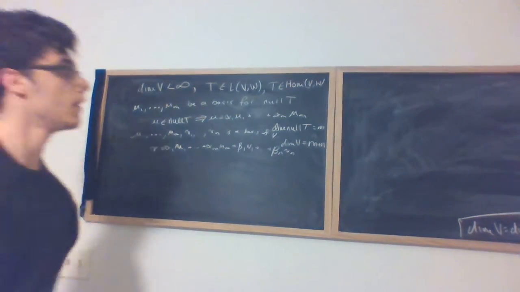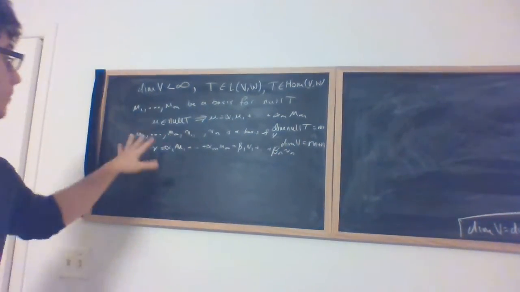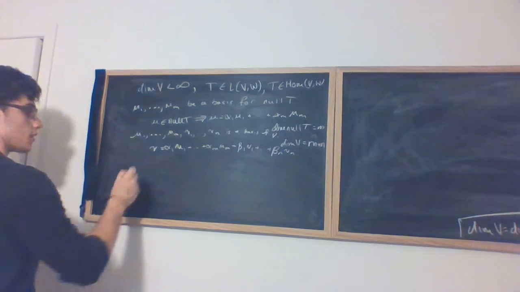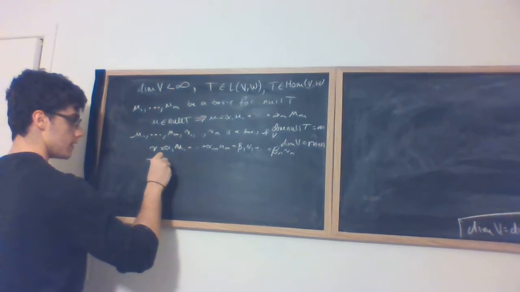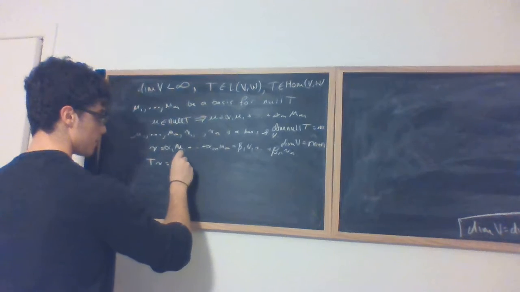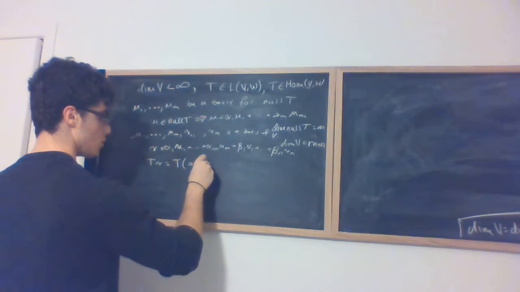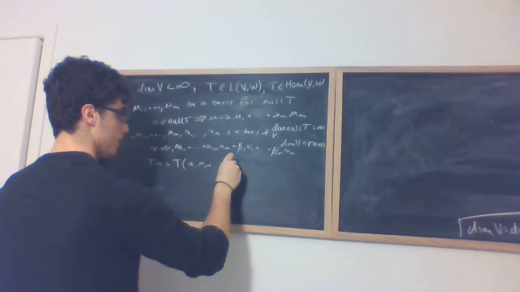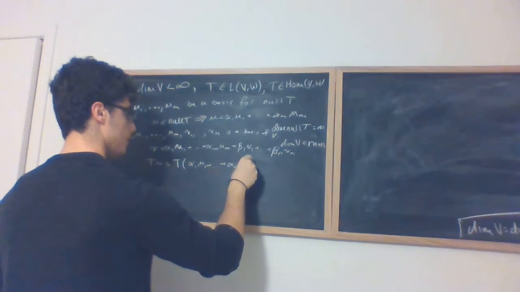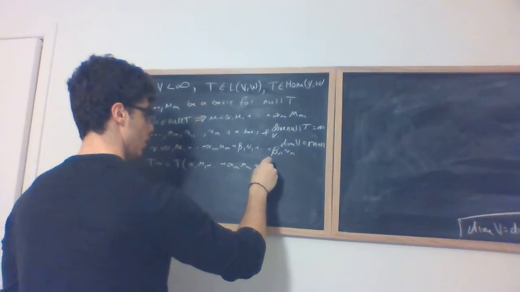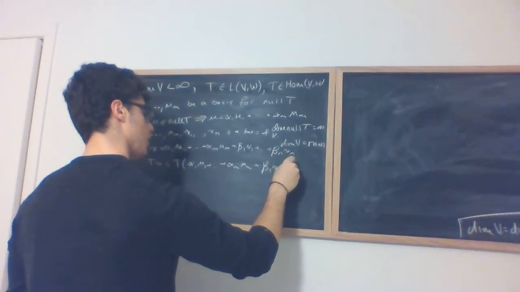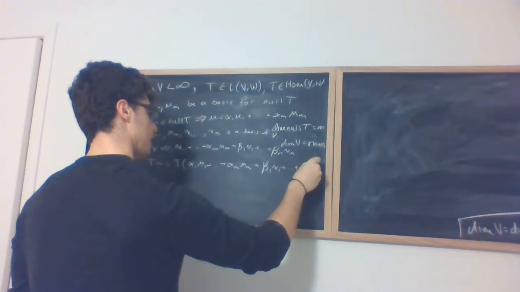What could we do from here? Why don't we apply T to both sides of this expression? So we'll get T of v equals T of alpha 1 u1 all the way up to alpha m um plus beta 1 v1 all the way up to beta n vn.